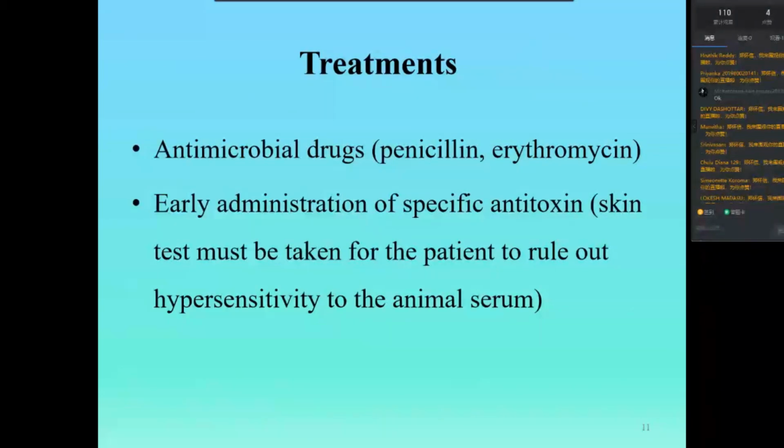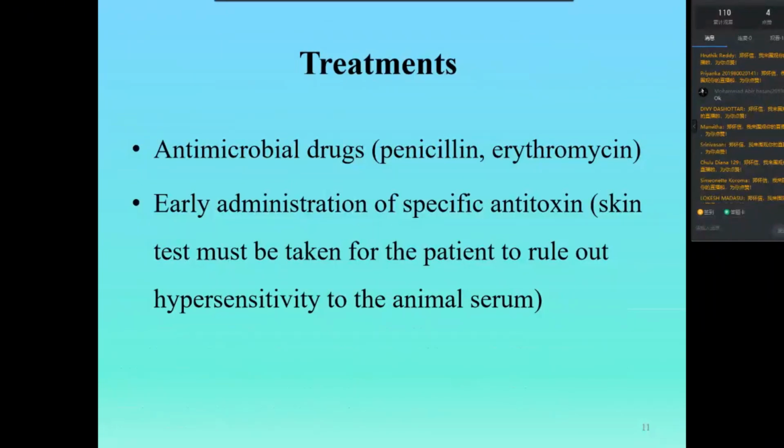For diphtheria treatment, we can give your patient some antimicrobial drugs, including antibiotics such as penicillin and erythromycin, which are the first-line antibiotics. And for early administration or immediate treatment, you need to give your patient some specific antitoxin. That's the antibody. Usually it's animal serum containing antibody.